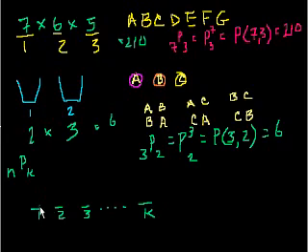In the first spot, there's n possibilities, just like we did in the last two examples. Then, since one person or one thing will be placed in spot 1, there's going to be n minus 1 possibilities for spot 2. And similarly, n minus 2 possibilities for spot 3. And then we could follow that pattern all the way.